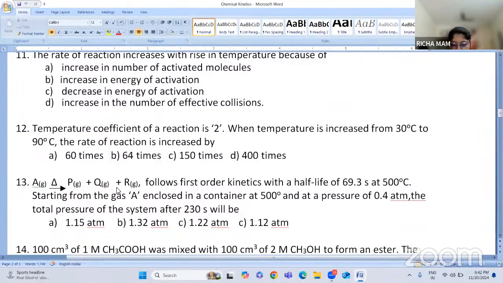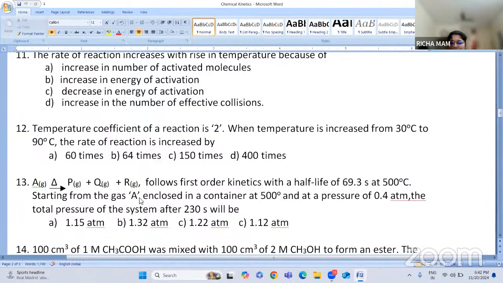So how are we going to solve this particular question? A reaction is given. A is a substance which on heating will give you the products P, Q, and R. And it follows first order kinetics, and its half life is given, which is 69.3 seconds at a temperature of 500 degrees Celsius.